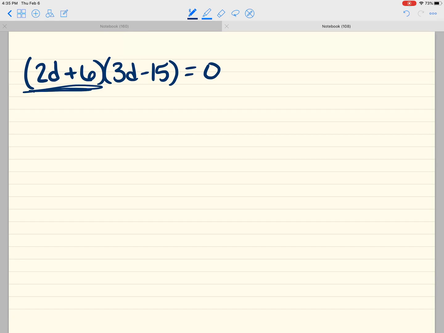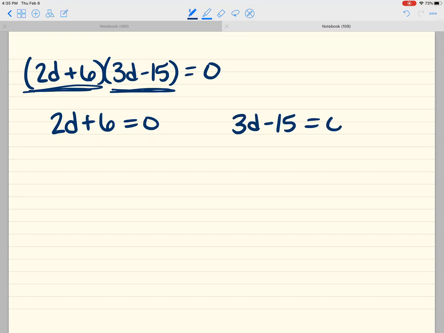If you have variables by itself, which you do in this set of parentheses, and in this set of parentheses, all you have to do is set each one of those equal to 0. So if I take 2d plus 6, set it equal to 0, then I'm also going to take 3d minus 15 and set it equal to 0. Right, so then all you need to do is solve both sides.